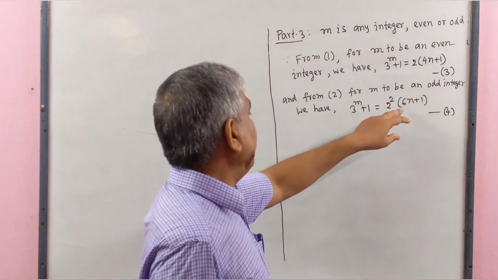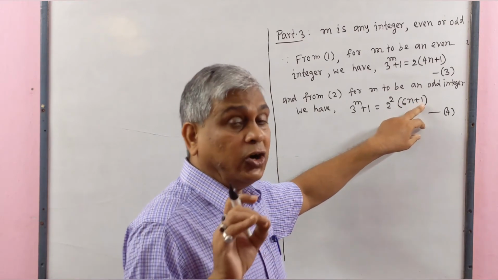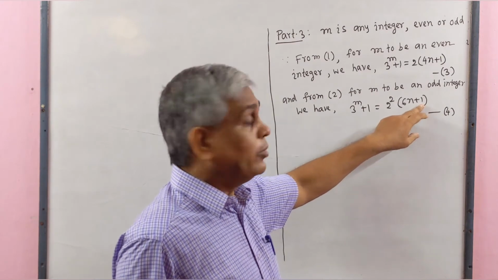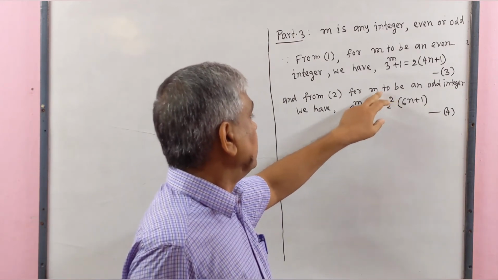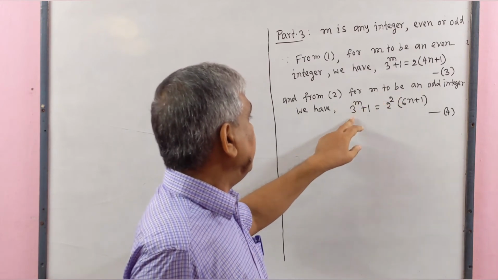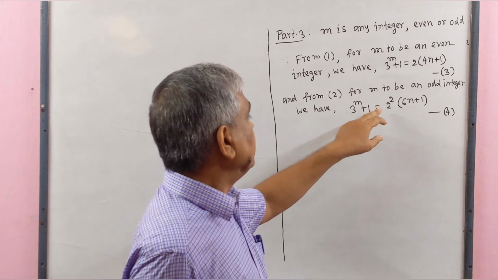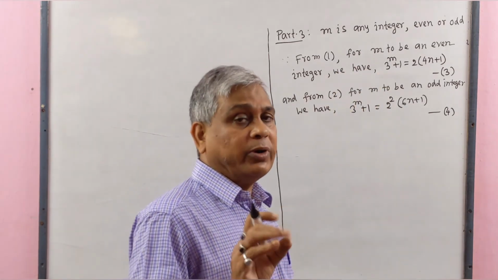And if 6n plus 1 is not divisible by 2, then the maximum power of 2 will be 2, that is, 3 to the power m plus 1 is divisible by 2 square, not more than power 2.